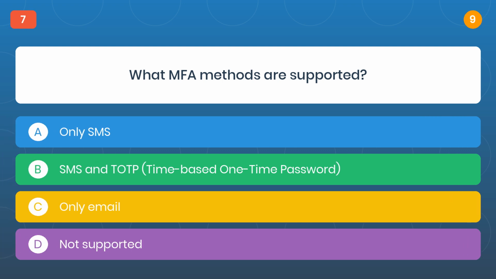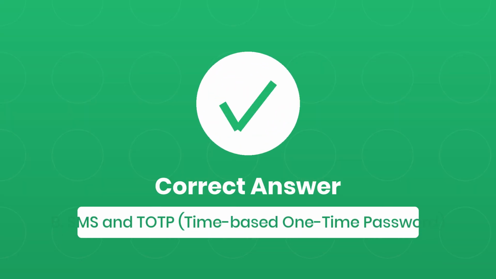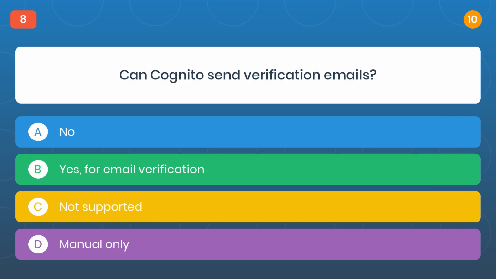Question 7. What MFA methods are supported? The correct answer is B, SMS and TOTP, time-based one-time password. Question 8. Can Cognito send verification emails?